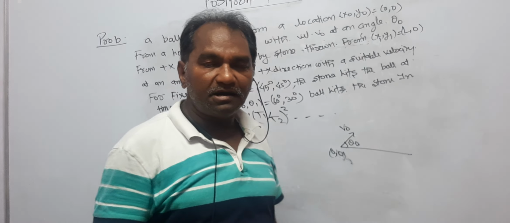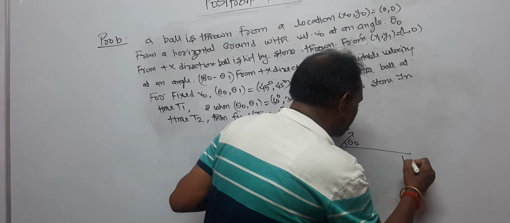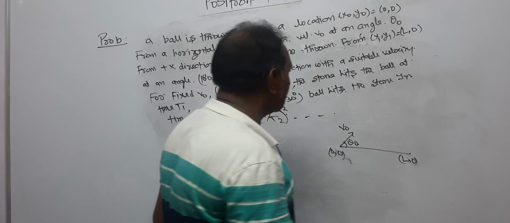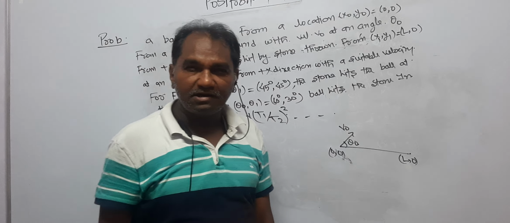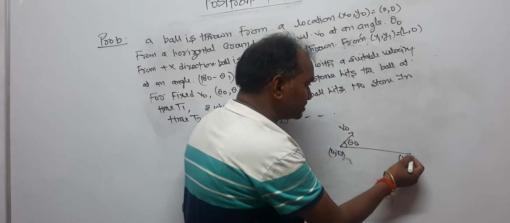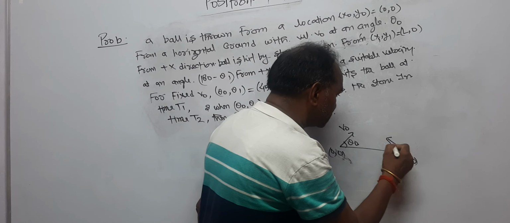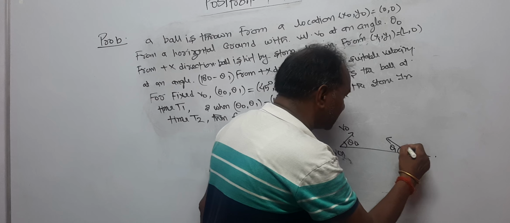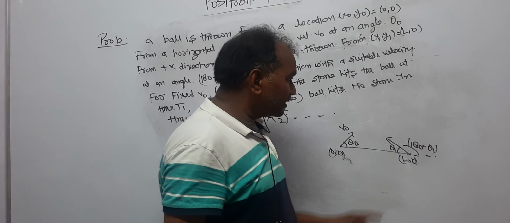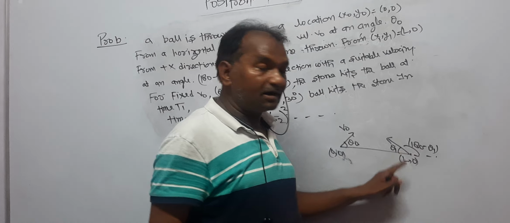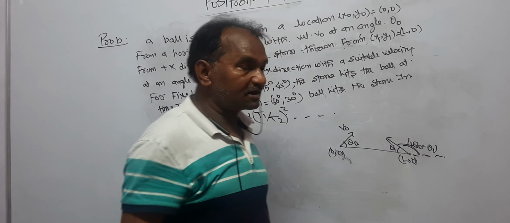It is hit by a stone which is thrown from (L, 0) at the same level, at an angle 180 minus theta 1 from the positive axis. If this would be theta 1, then this is 180 minus theta 1 from the positive x-axis.